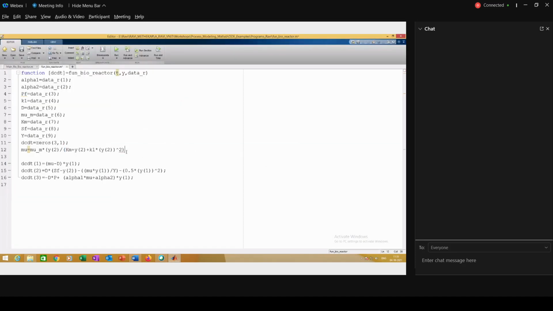So I have denominators, I have numerators.